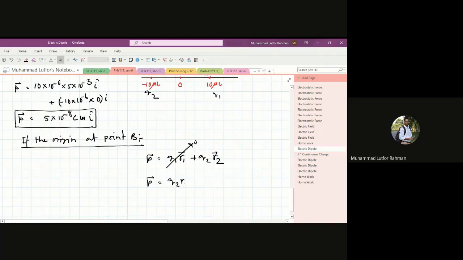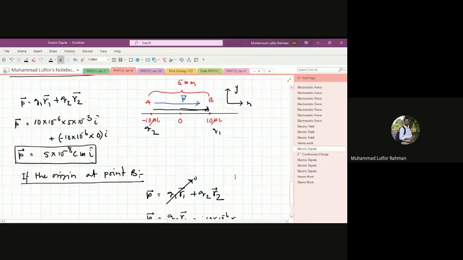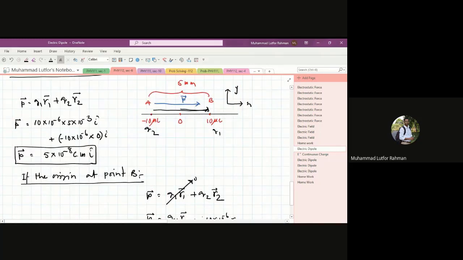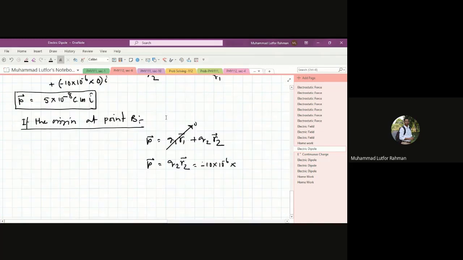Q2 into R2, and Q2 is basically minus 10 into 10 to the minus 6, and for R2, since I chose the origin over there, the position vector will be towards the negative x direction. So I can write it as 5 into 10 to the minus 3 into minus I hat.